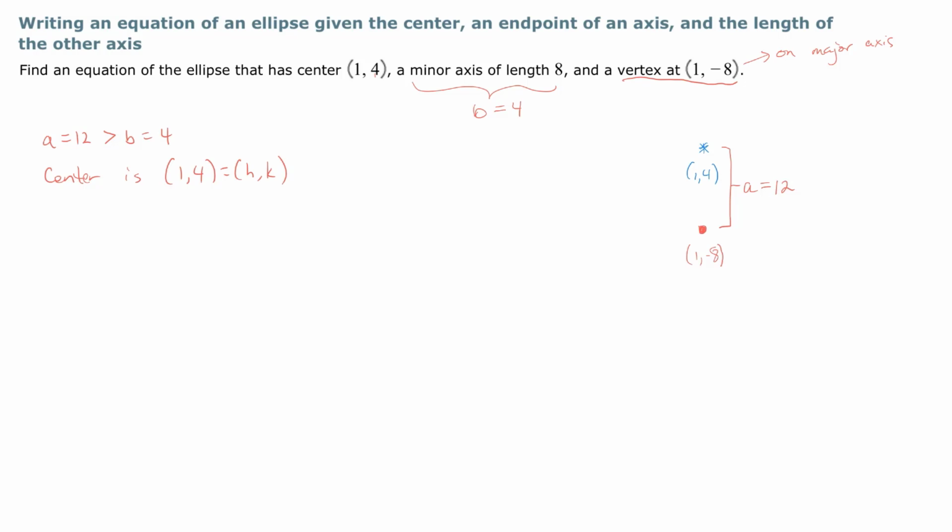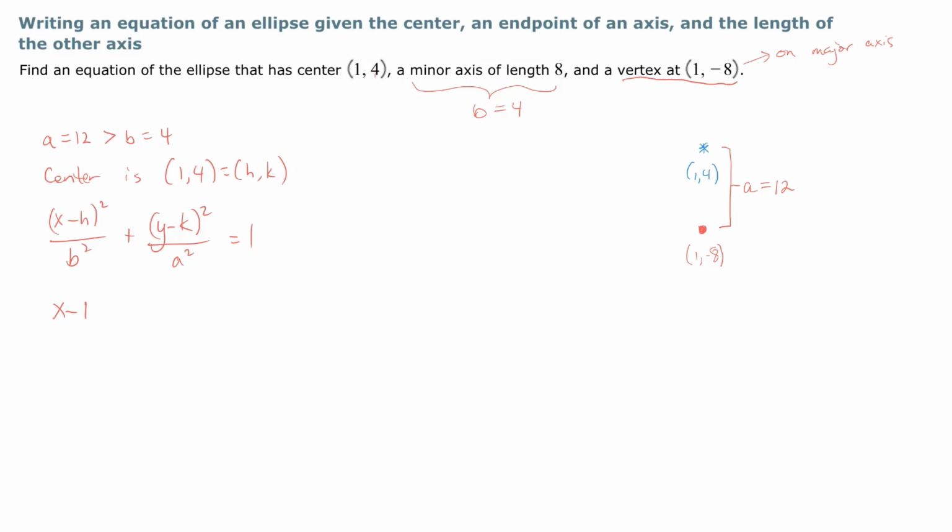And our standard form is x squared, I'm sorry, not x squared, x minus h quantity squared, a is not in the horizontal direction. So let me take that back. Let's erase this. A is actually where? A is in the vertical direction. So that tells me that b squared is underneath the x minus h quantity squared, plus y minus k quantity squared over a squared has to equal 1. Now we substitute everything.